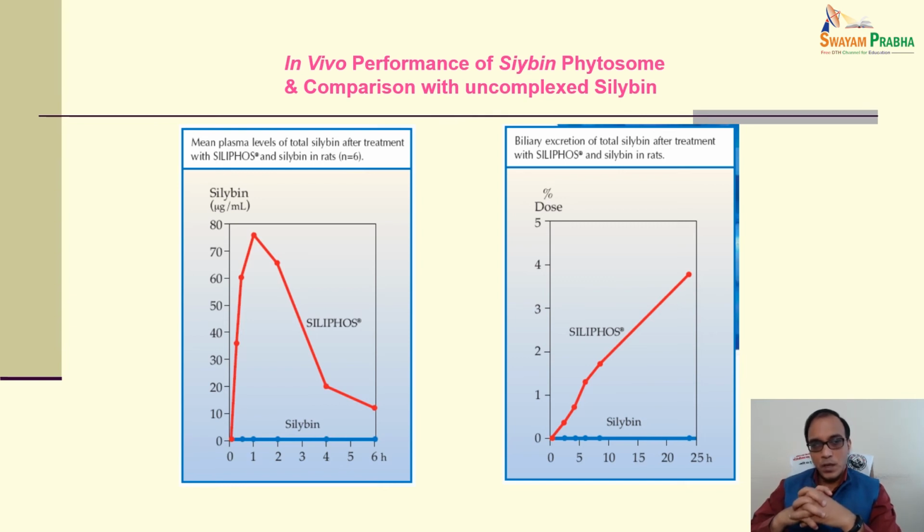So we have got good results with these lipid complexes. Many times they are called phytophospholipid complexes, phytolipid complexes, or simply lipid complexes. Just go ahead, you will find a good number of studies to address your query on how to do these in vivo studies.